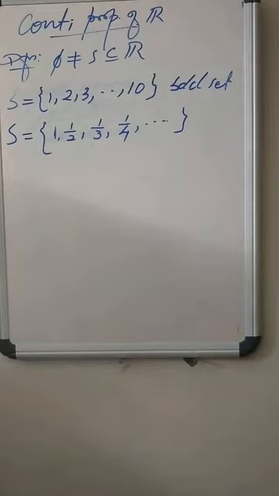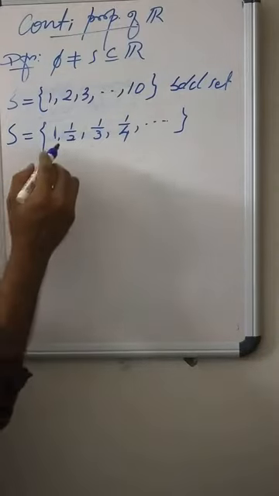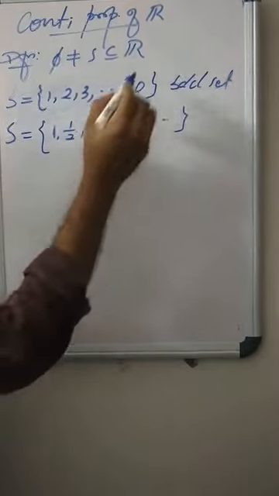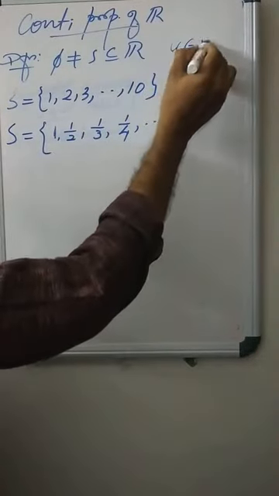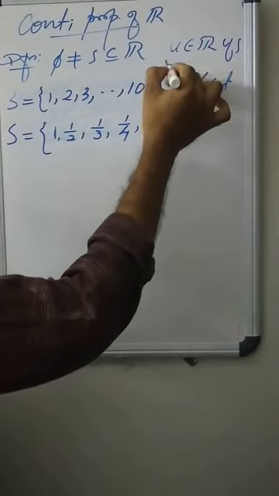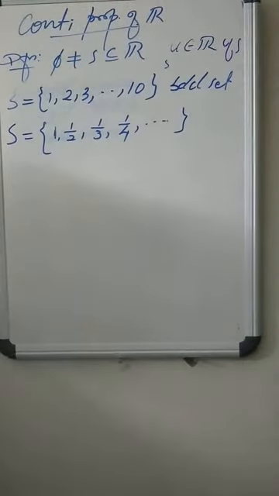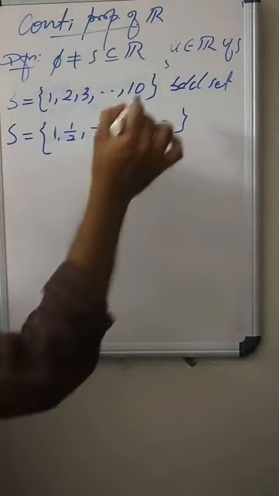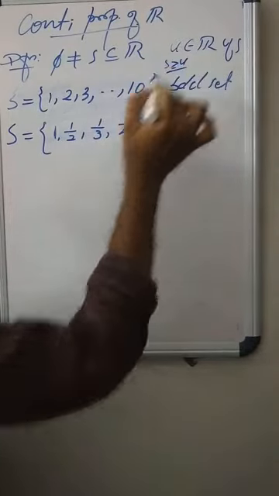Why is 1 an upper bound? Because u in R is an upper bound of S if for every s in S, s is less than or equal to u.